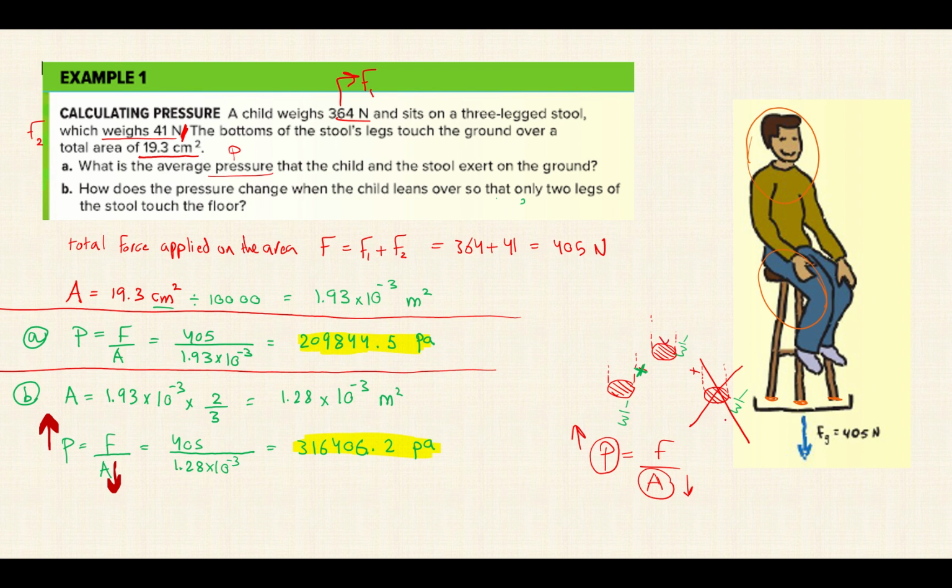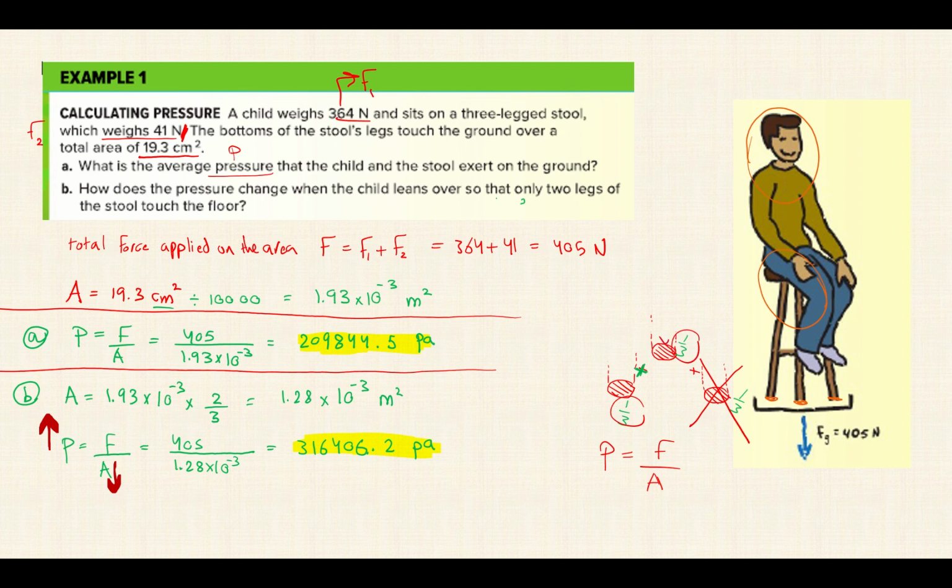Now, since the total area is spread over three legs, each leg has 1/3 of the total area. If one of the legs was deleted when he leaned over so that only 2 legs touched the ground, 1/3 of the area was deleted. We are left with only 2/3 of the area.